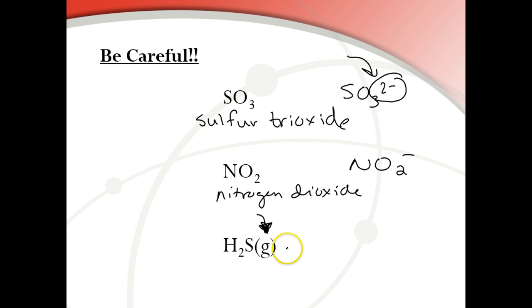And so instead of hydrosulfuric acid, this is hydrogen sulfide. This would be more like a multiple choice question where I give you this and say which one is it, and A through D is hydrosulfuric acid, sulfurous acid, and then none of the above. Well, it's none of the above because it's not in water.